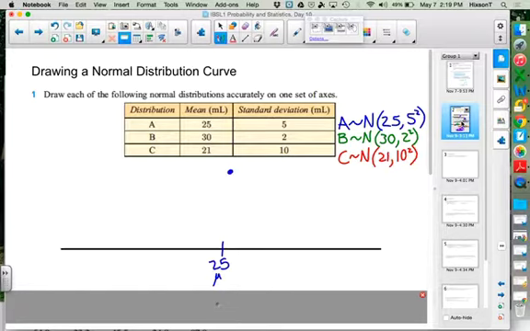So a greater standard deviation is going to make a wider bell. It's going to be the difference between a bell that maybe looks like this and a bell that looks like this, right? So the smaller standard deviation is going to create a narrower bell curve. The y value is kind of like what a frequency would be.